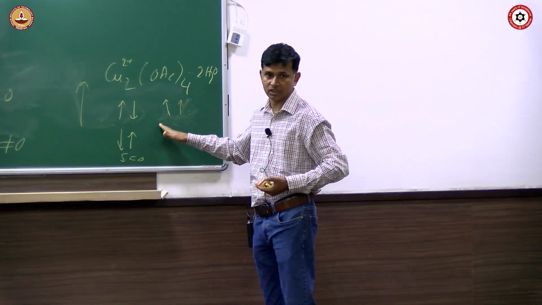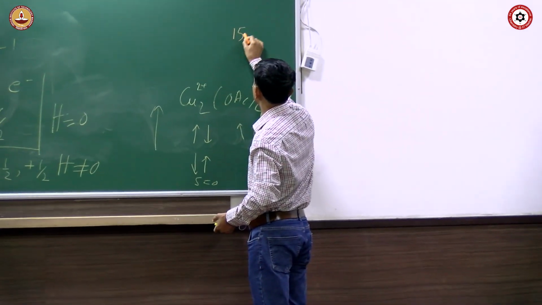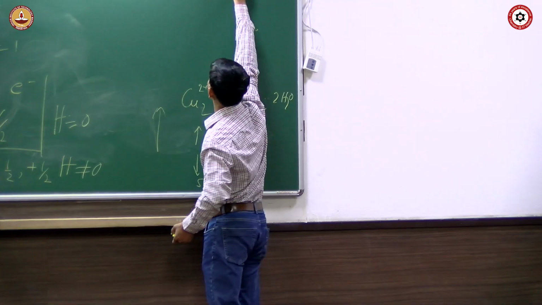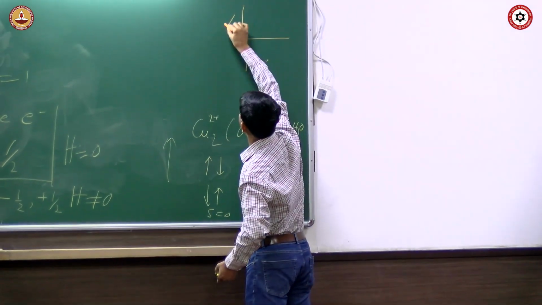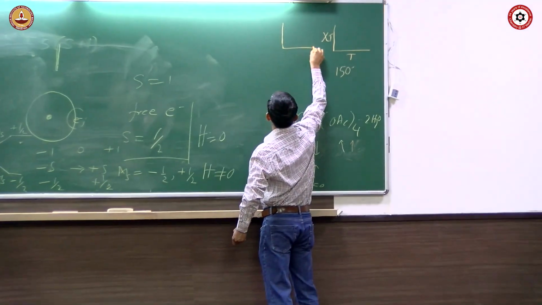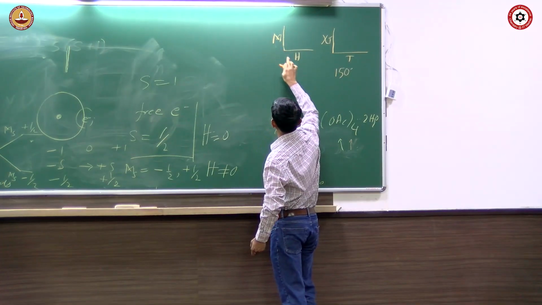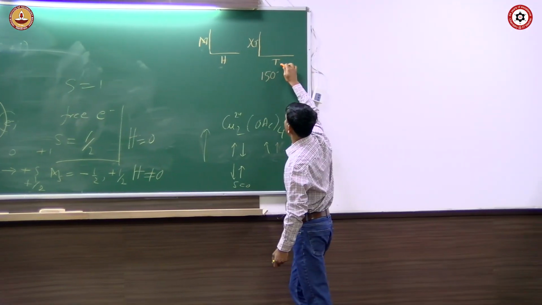If you go to a lower temperature, suppose 150 degrees centigrade, now let me draw. This is the chi T, and this is the H and the M. This is the magnetization, this is the field, and the temperature and the chi T.